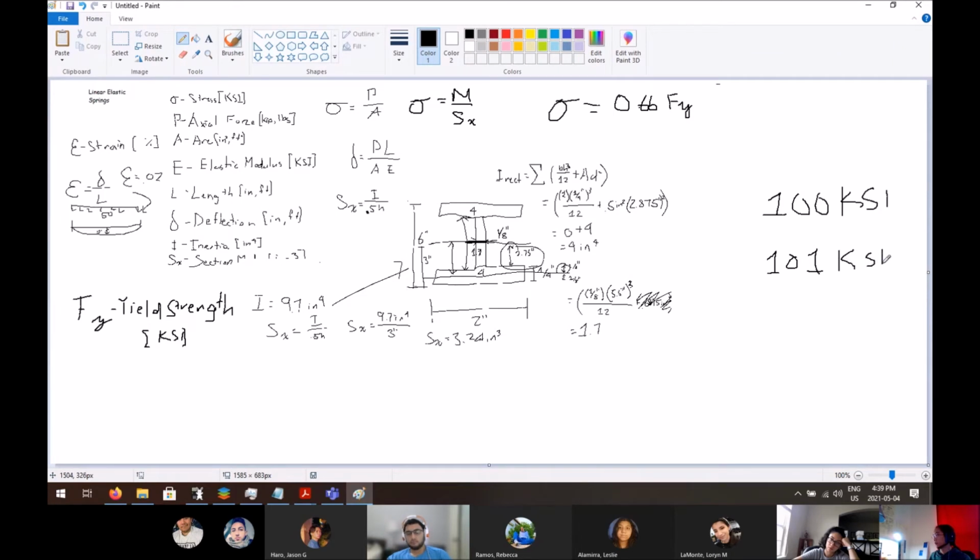So you have to account for these fluctuations of stress that something's going to handle. That's why you multiply by 0.66, approximately 2/3, to get your actual stress. So stress would equal 0.66 times 100 KSI, which is 66 KSI.